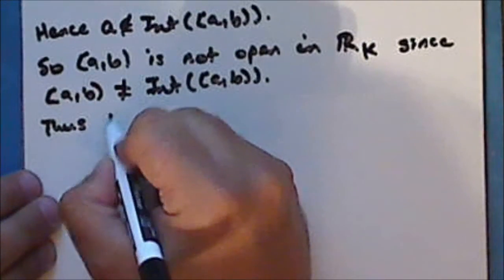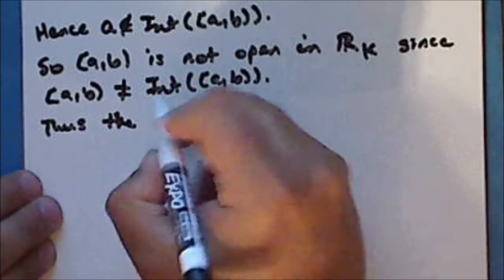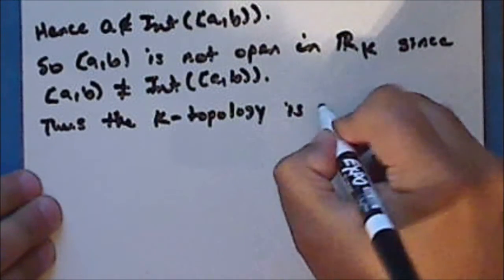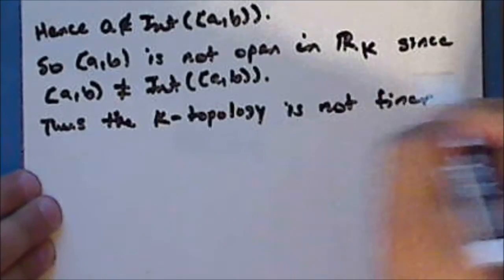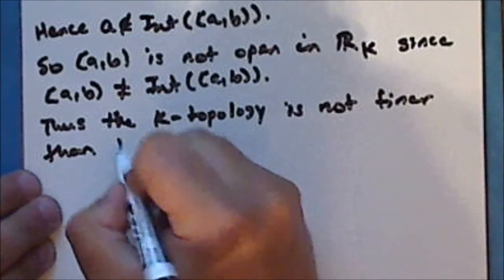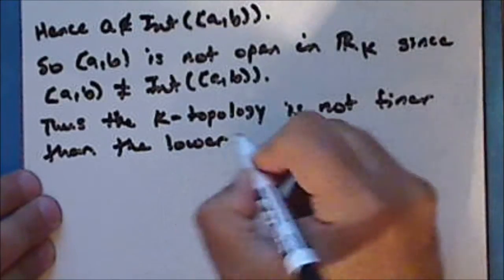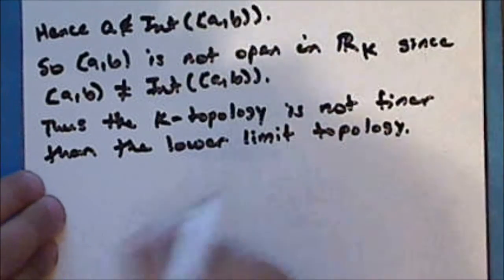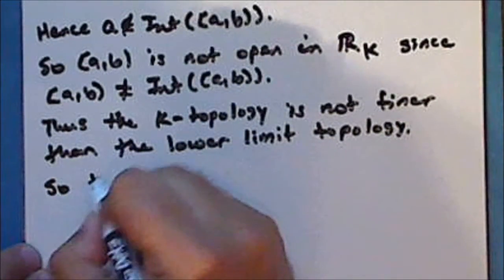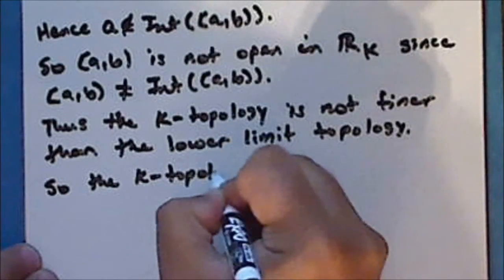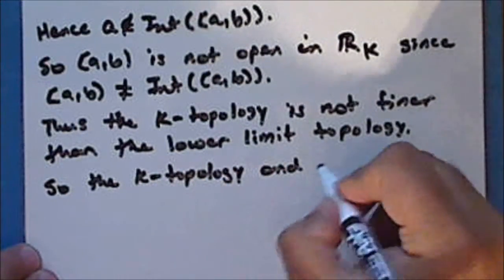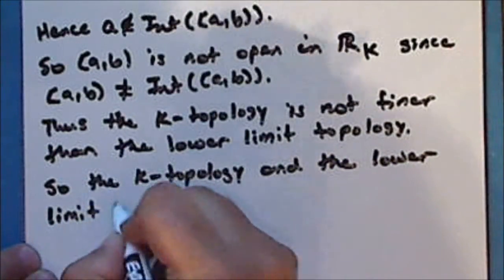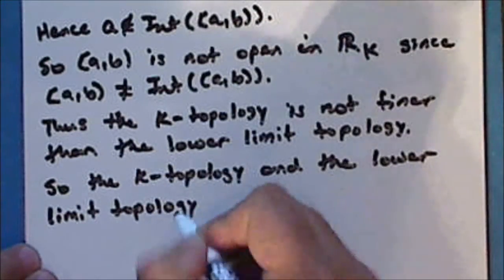And thus the K topology is not finer than the lower limit topology, and so the K topology and the lower limit topology are not comparable.